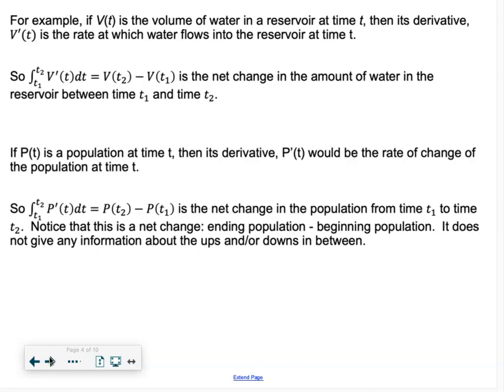College Board loves to do these problems where you have multiple rates. You have something that makes it increase and something that makes it decrease. And when they do a population, they'll have a birth rate and a death rate. You don't ever do it for people, but they do it for animals a lot.